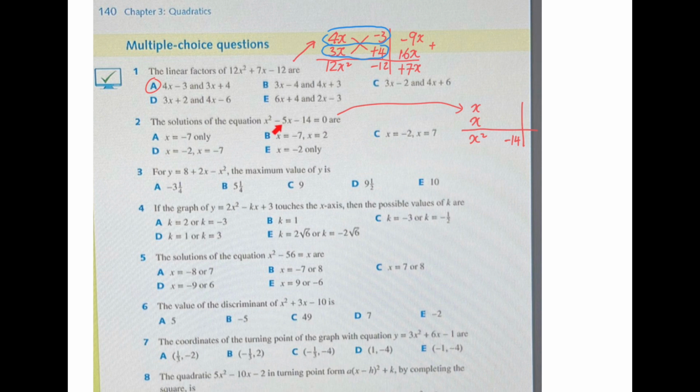And at the meantime, when you add them up, you have to get minus 5. So I'm thinking of minus 7 and 2. When I cross multiply, I get minus 7x. x times 2, I get 2x. When I add them up, I get negative 5x, which is the term in the middle. So that means the factorization works in this way.